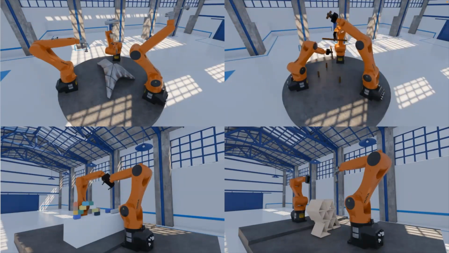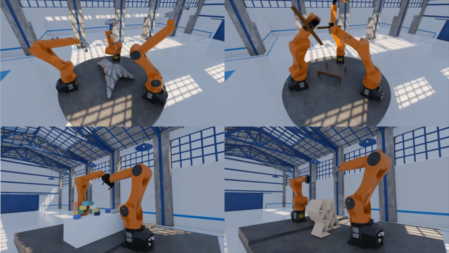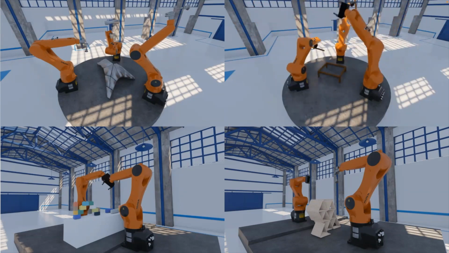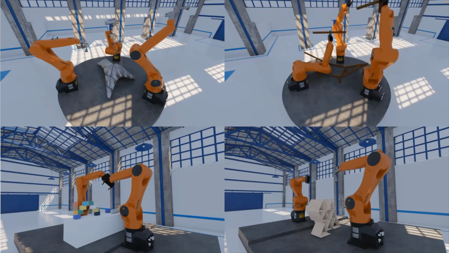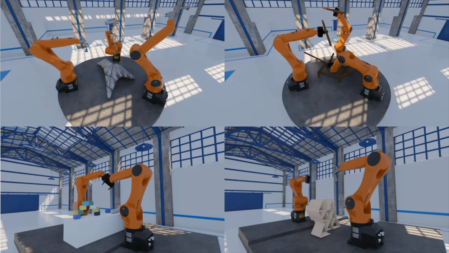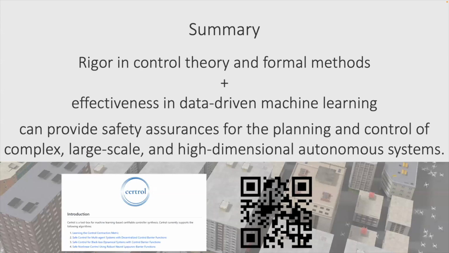Actually, those are higher level, I call it safety objective, but higher levels of requirements that we can accomplish using a similar approach to what I have talked about. But here we have to use a different kind of certificate function to ensure all these logical dependencies are satisfied. So let me stop here, and by summarizing using one sentence what we have shown, hopefully I can convince you that there is a way to combine the strength in control theory.